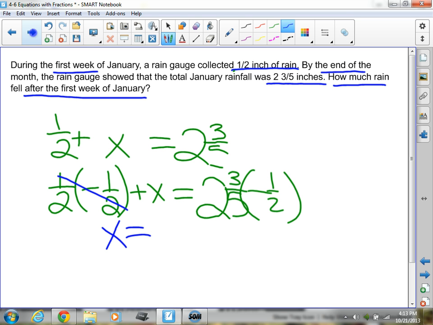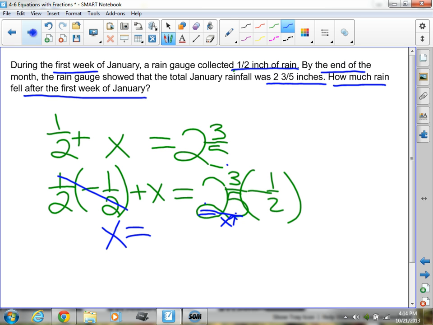Now once again, I know that I need a common denominator. To make this easier, I am first going to change this mixed number into an improper fraction. So I don't have to worry about the whole number, I can just focus on fractions. To change a mixed number into a fraction, I take the whole number times the denominator and add it to the numerator.